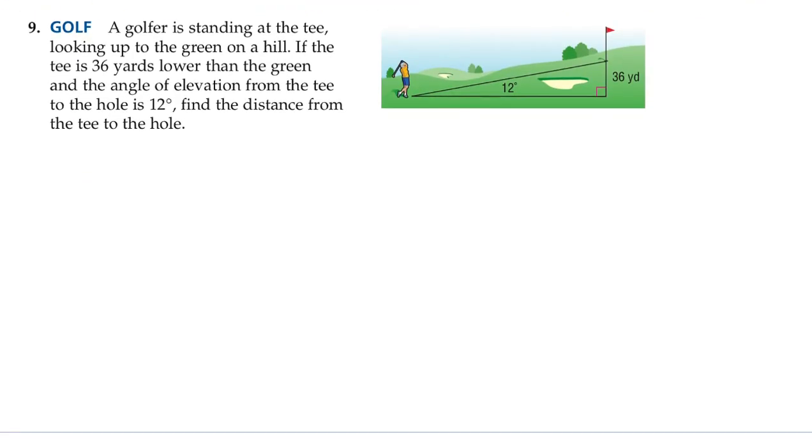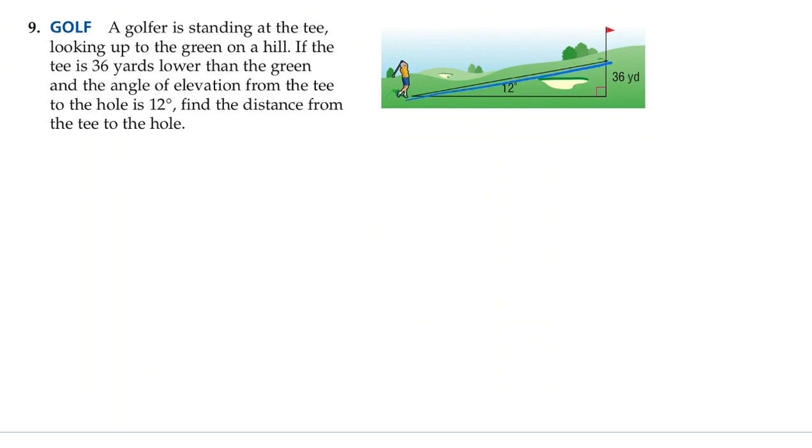All right, so golfers standing at the tee looking up to the green on a hill. If the tee's 36 yards lower and you have the 12-degree angle of elevation, find the distance from the tee to the hole. I'm assuming they mean distance in a straight line like this.